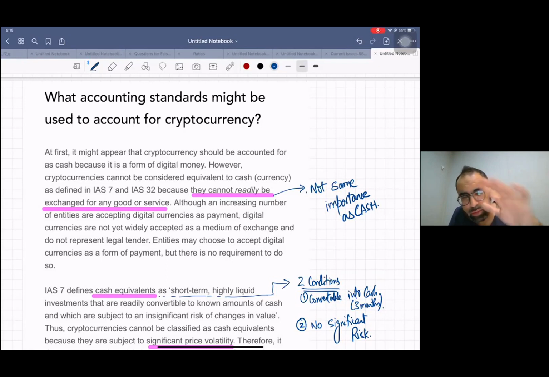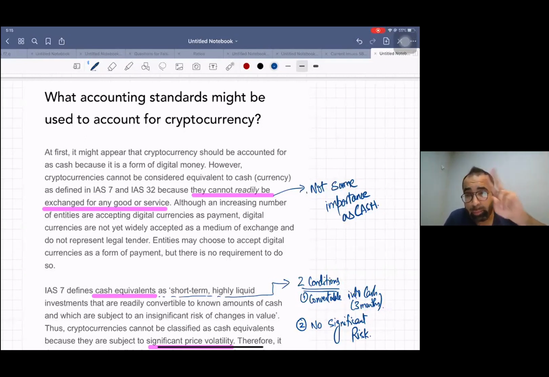No, no, no, this is not cash. Why? Many reasons. Number one, listen. The first reason, it is not backed by reserves. Normally our normal currencies are backed by reserves. Some currencies are gold backed, and some currencies are dollar backed. This is not a reserve backed currency.